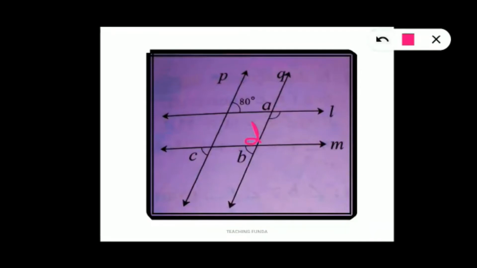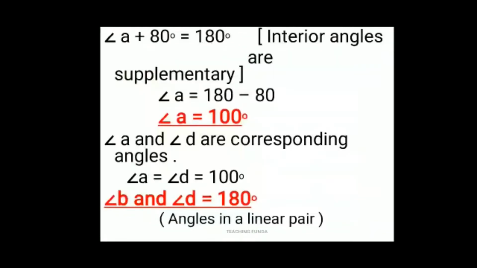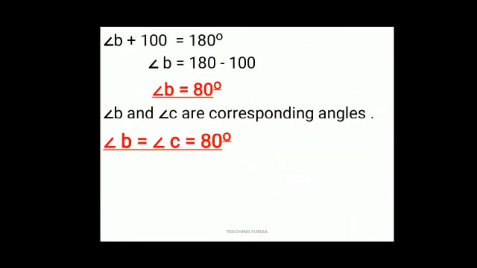For D you already got that angle is 100 degree. Angle B plus 100 degree is equal to 180 degree, so angle B is equal to 180 degree minus 100 degree. Now angle B is equal to 80 degree. It is so simple students.